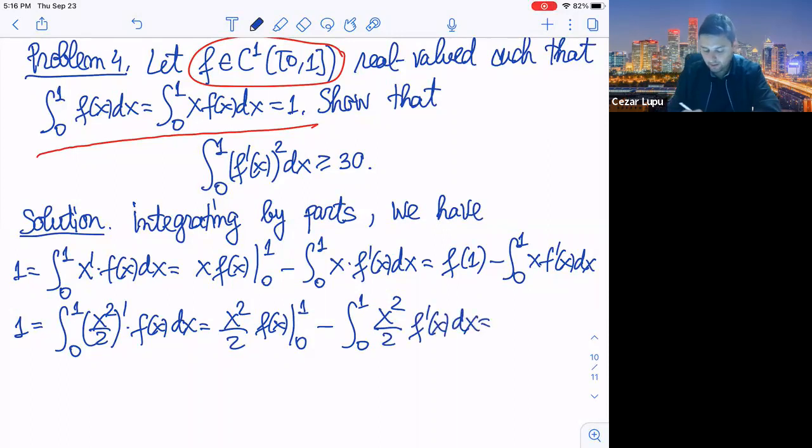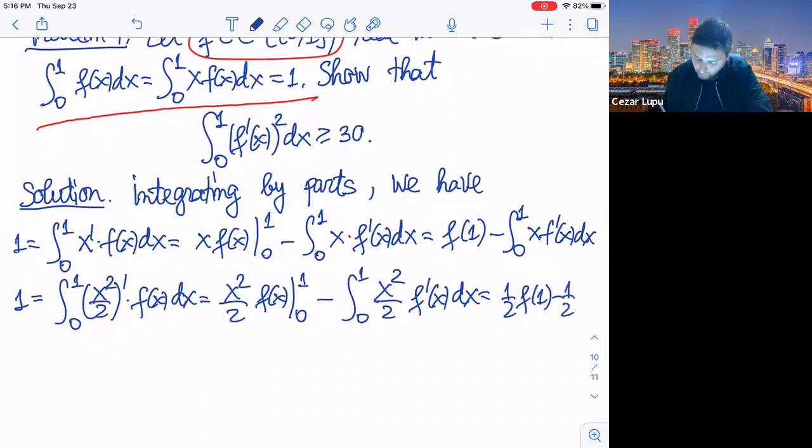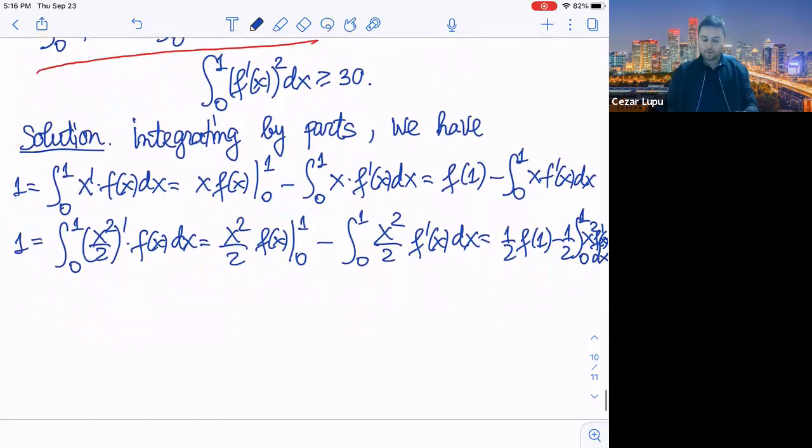So again, I'll have 1/2 f of 1 minus 1/2 the integral from 0 to 1 of x squared f prime of x. All right.